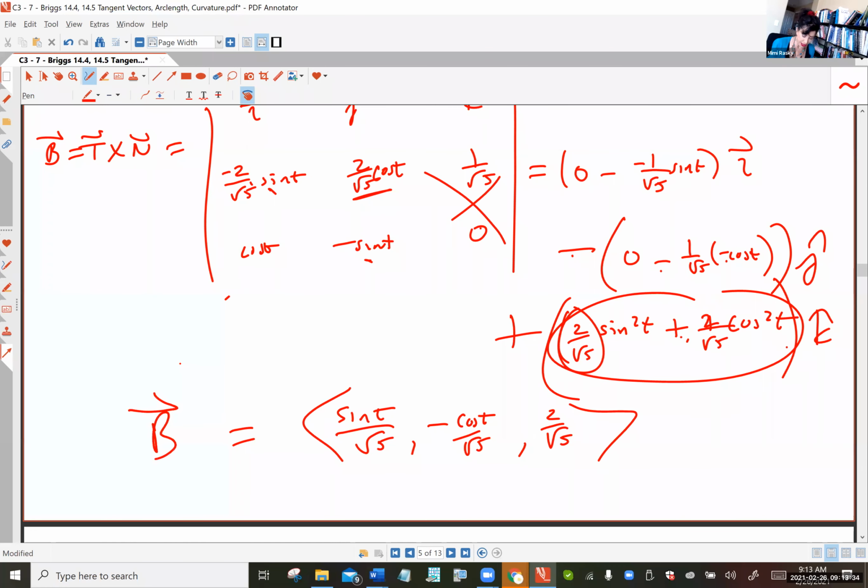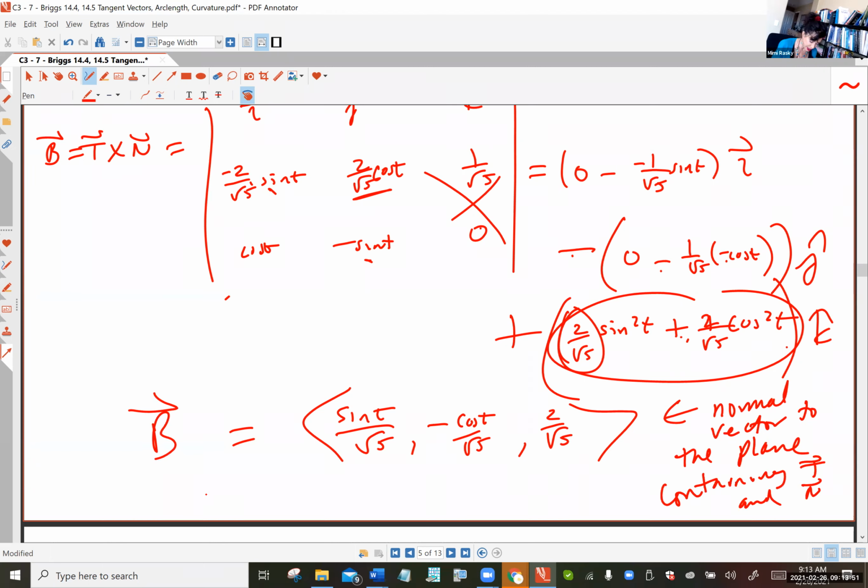This is big B here. This is a vector that's normal to the plane containing T and N. So that's kind of interesting. In other words, I'm just making a little picture here in the side margin.